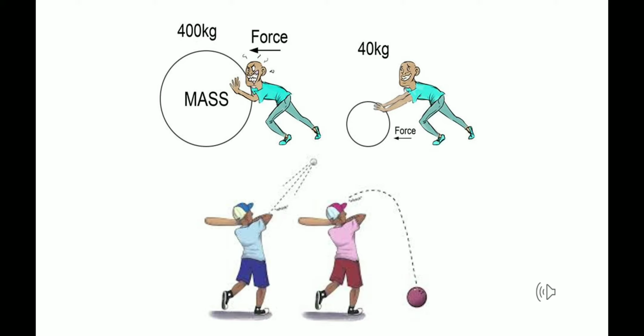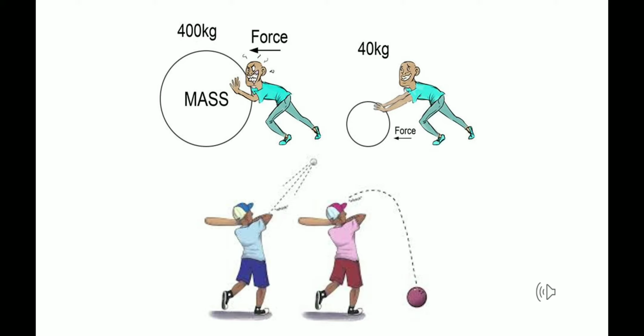Now, as you can see in the figures here, the man has to apply more force to pull up and displace 400 kg mass. And in the figure below, you can see that a light ball, when the person has hit the ball with the bat, goes a longer distance with a greater speed, whereas a heavy ball, when given the same force, drops there only and with a slower speed.